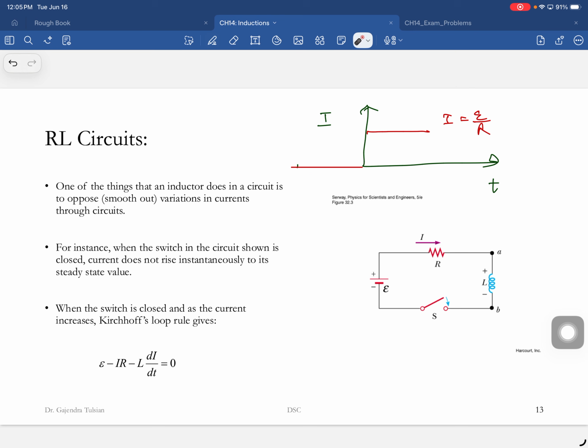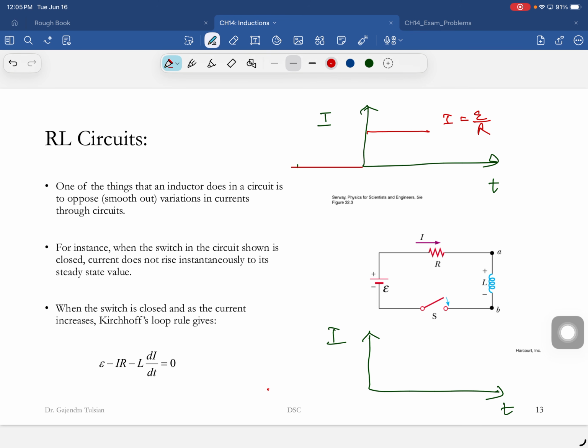Now with the inductor present, this is an ideal inductor. It only has inductance, no resistance. What do you think is going to happen? The current is 0 till you close the switch, and then you close the switch.